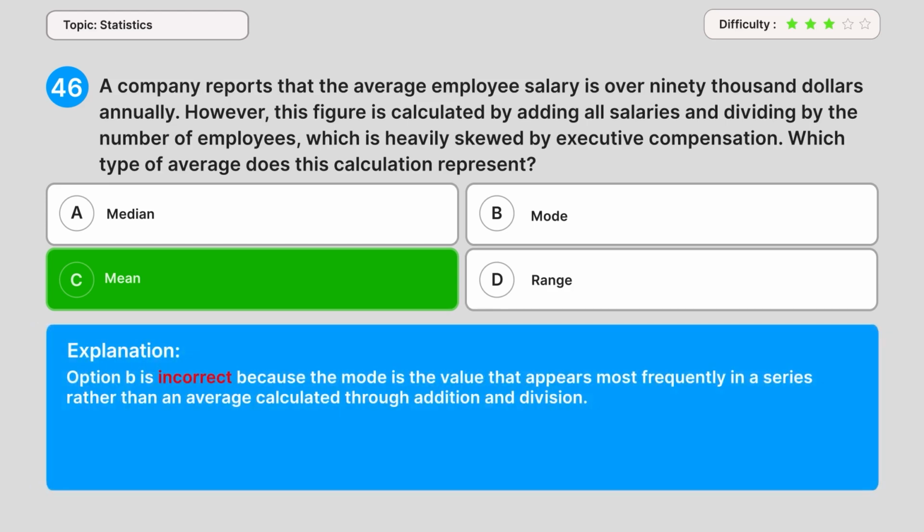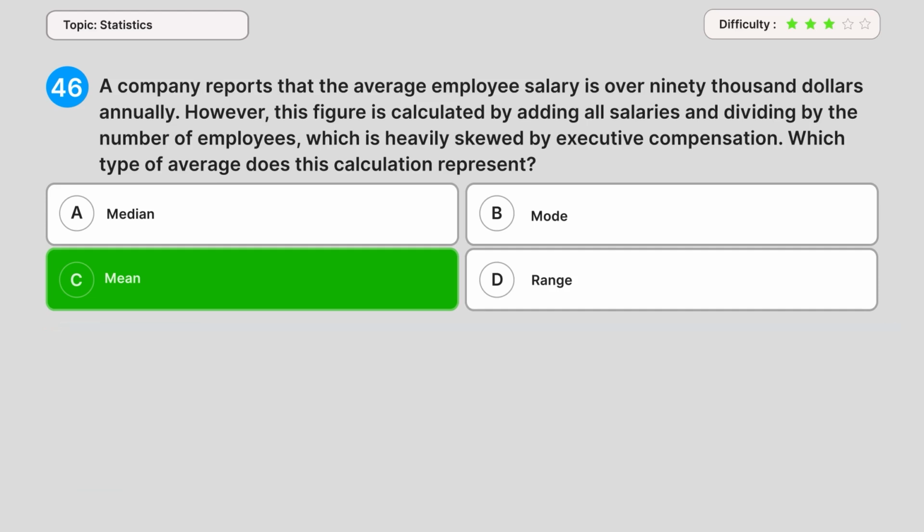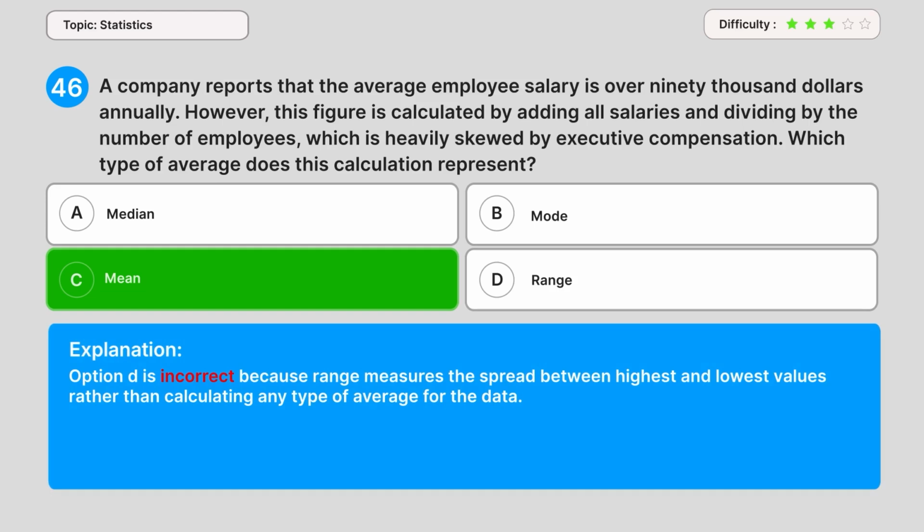Option B is incorrect because the mode is the value that appears most frequently in a series rather than an average calculated through addition and division. Option D is incorrect because range measures the spread between highest and lowest values rather than calculating any type of average for the data.